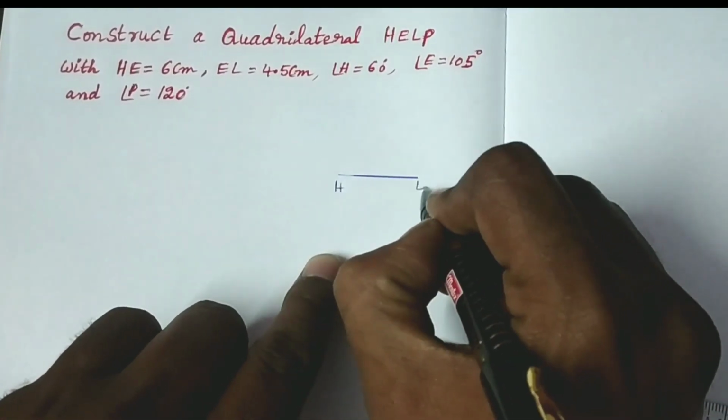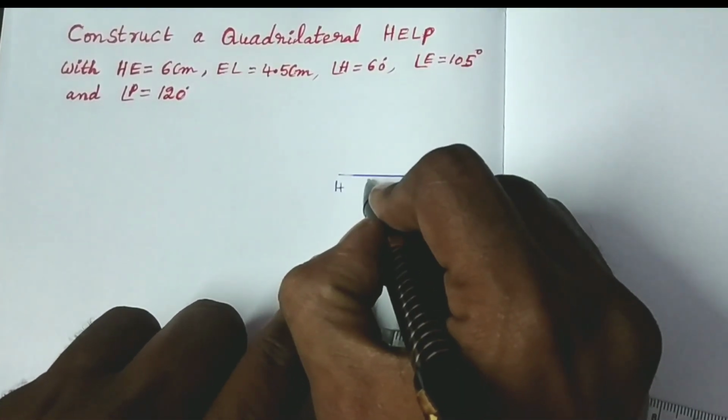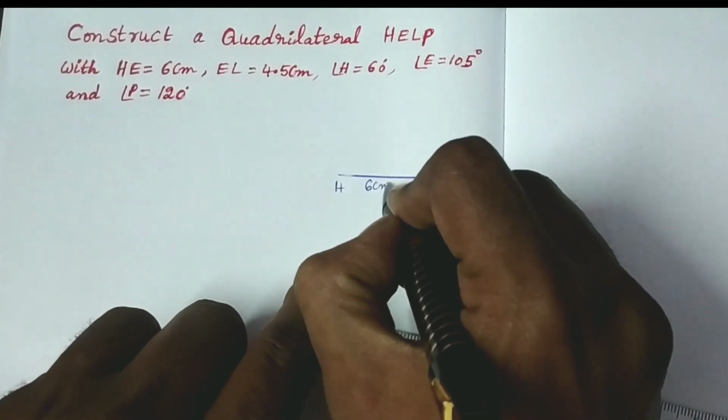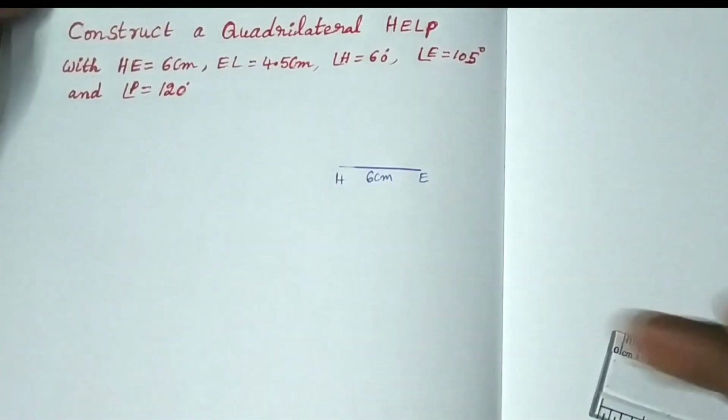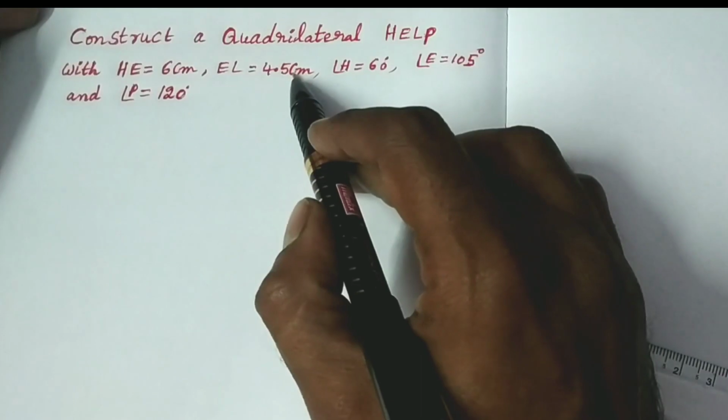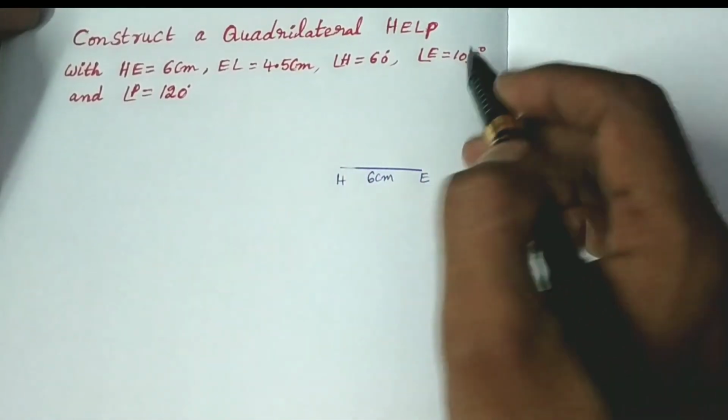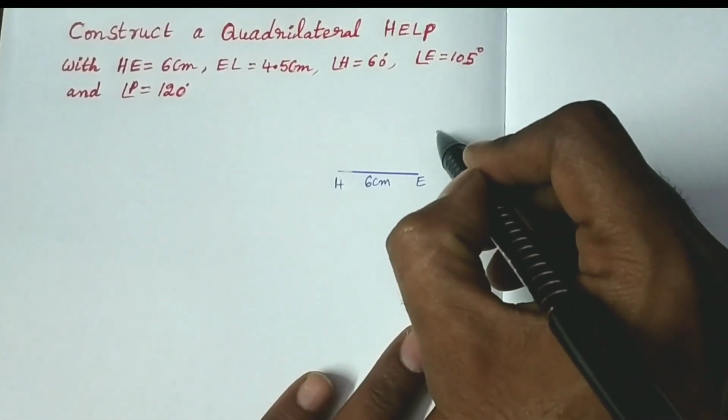H, E, 6 centimeters. EL 4.5 centimeters and angle E 105 degrees. So suppose this is 105 degrees.